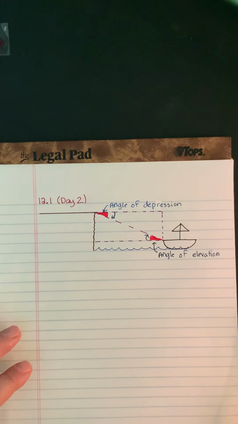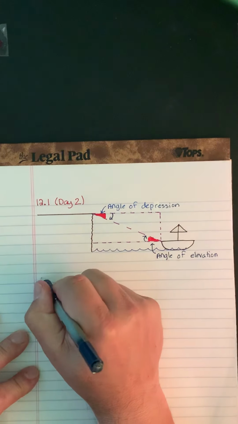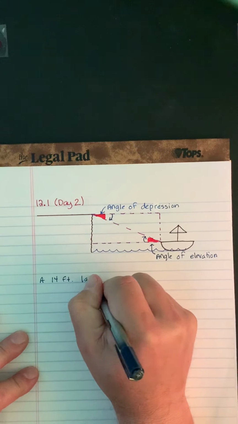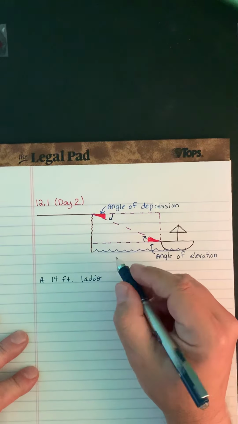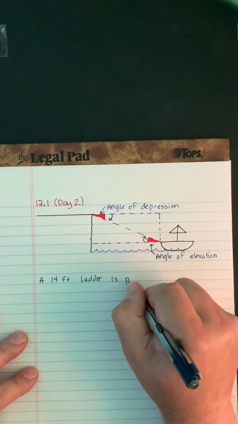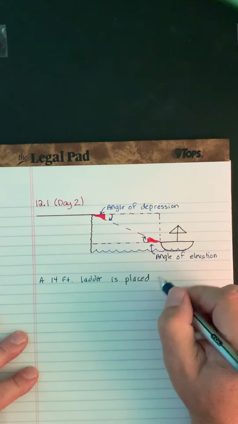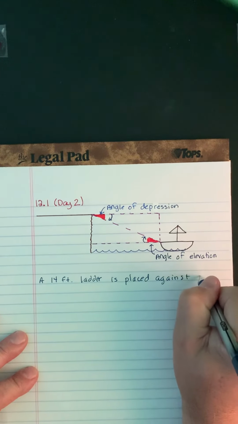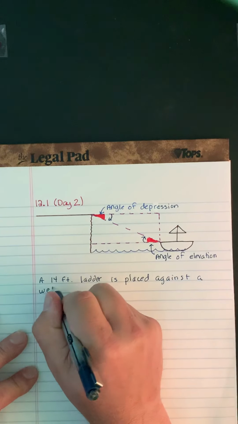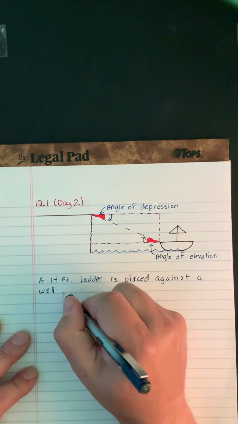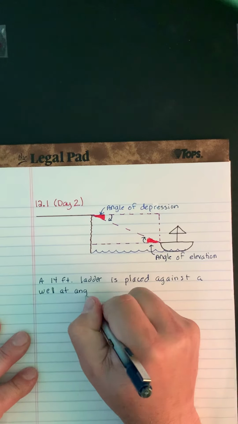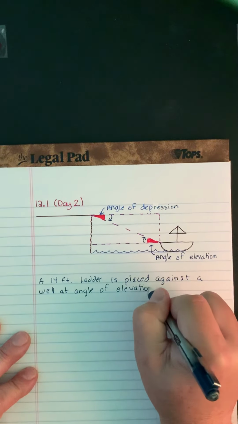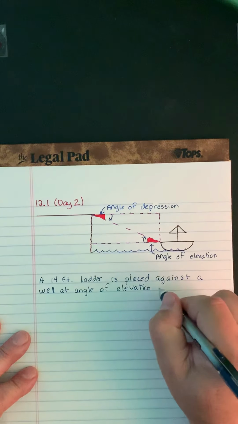Okay, so for instance, let's say we have a 14-foot ladder placed against a wall at an angle of elevation of 72 degrees.